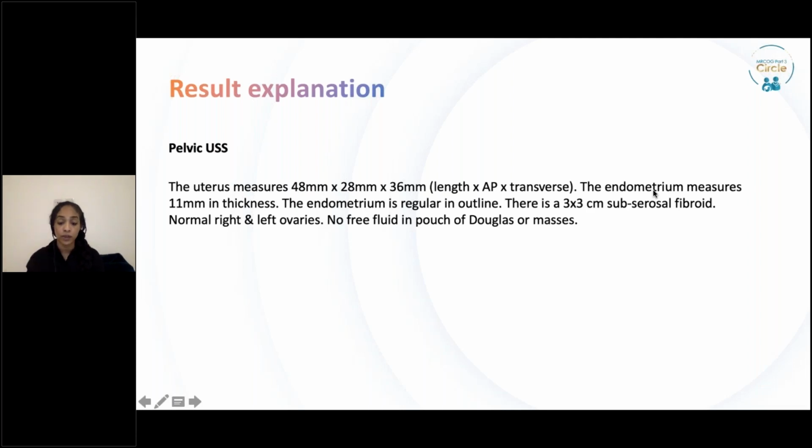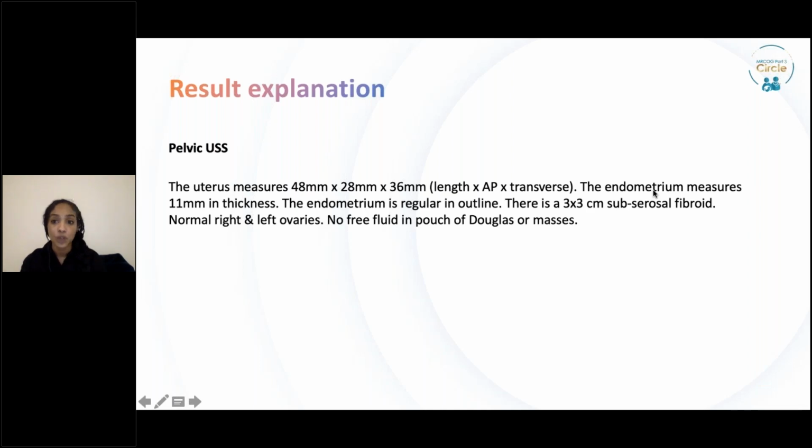And after I explained to her that the lining is thick, I told her what the possible reasons can be, and how we can know what the reason is. That would be the next step of management, and then you just take it on from there according to how much other detail you have in the case of what you're required to do.